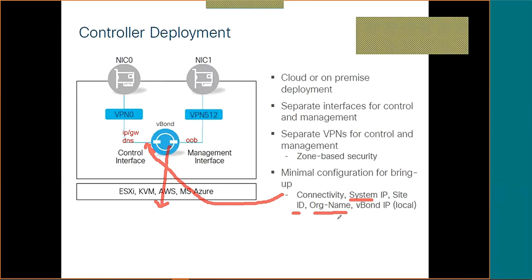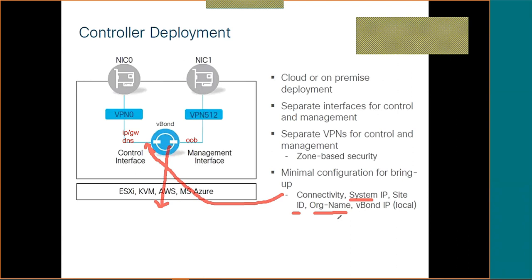In SD-WAN, the components receive the device certificate. From the device certificate, the organization name is matched against the local one, and the chassis ID and serial number are checked against the local whitelisted database entries. So the incoming certificate's chassis ID, serial number, and organization name are matched against the localized entries.